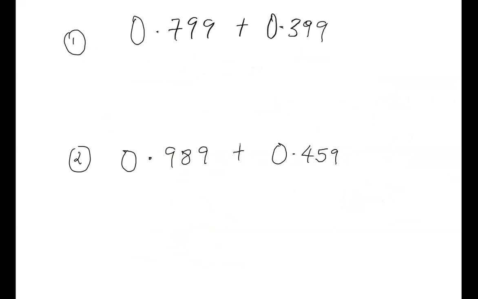Yes, you can try those ones. So that is fine. 1.198 and 1.448. So that's the right answer. Other than that, we move on to the next part. The next part is just to take it away. Take it away too. It's the same thing.